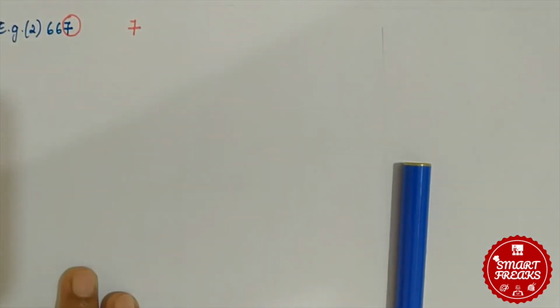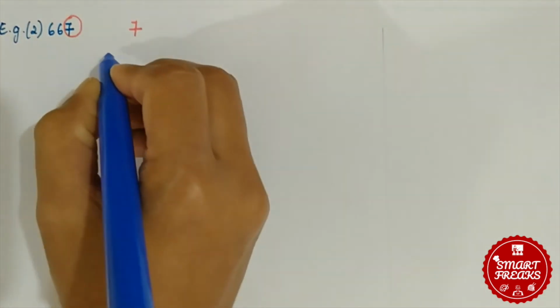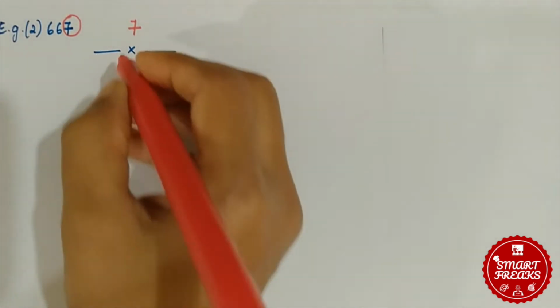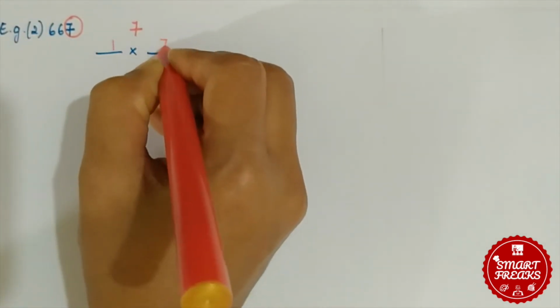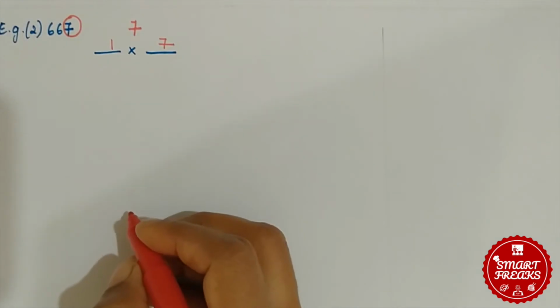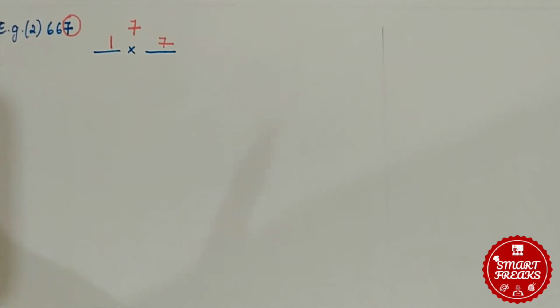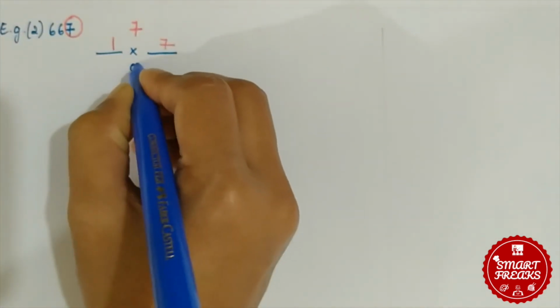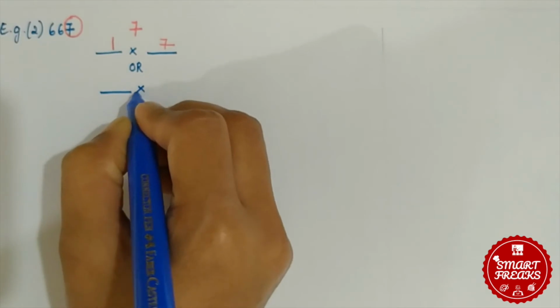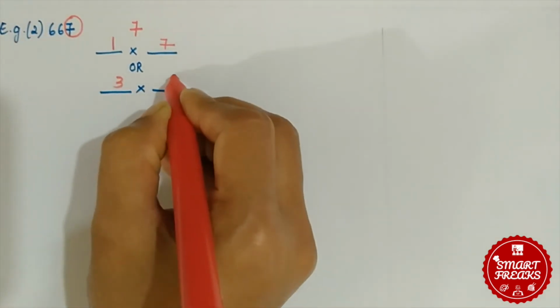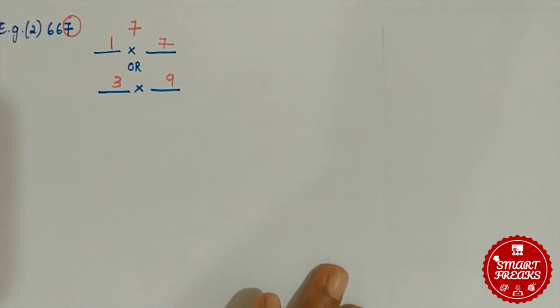Therefore, possible chances are 1 into 7 or 3 into 9.